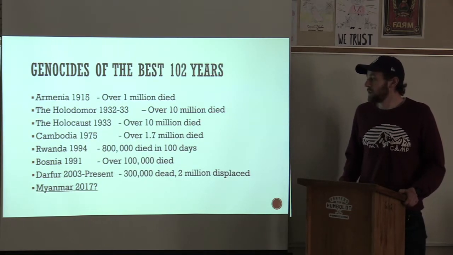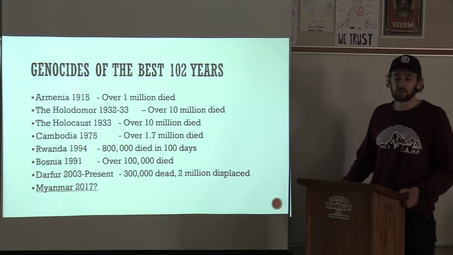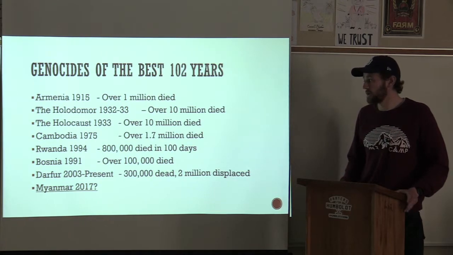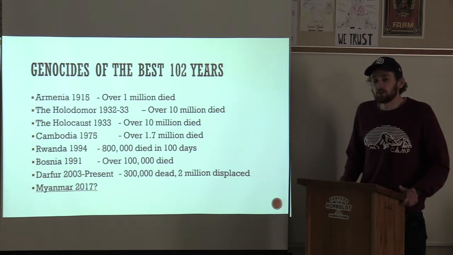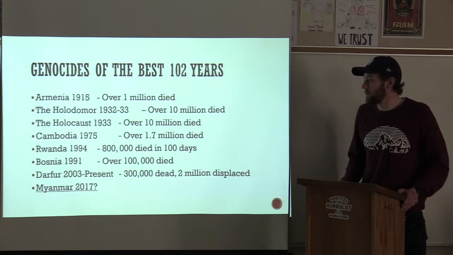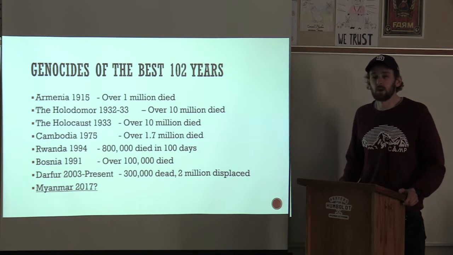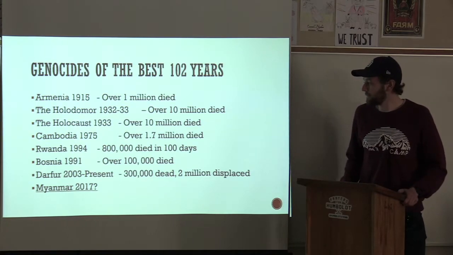From 1932 to 1933, we saw the Holodomor, which was the systematic starving of the Ukrainian people in the Soviet Union, in which over 10 million Ukrainians were starved to death. The Holocaust, which occurred during World War II, starts in 1933 and goes right till the end of World War II. You'll see some estimates on the lower end, say 6, you'll see some as high as 20, but 10 million is kind of that middle number.